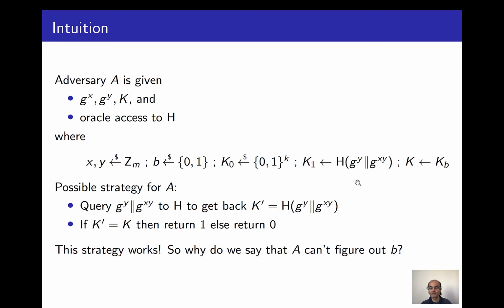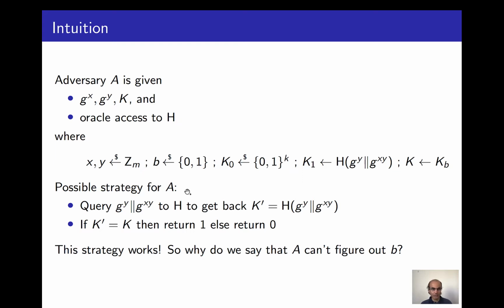In other words, it was obtained by hashing this over here, where this here is the Diffie-Hellman key corresponding to g to the x and g to the y. And the k the adversary gets was either k0 or k1. And the adversary's job is to determine this challenge bit b. Most importantly, it has oracle access to the hash function, because here we are in the random oracle model, and the way this hash function is computed is through that interface.